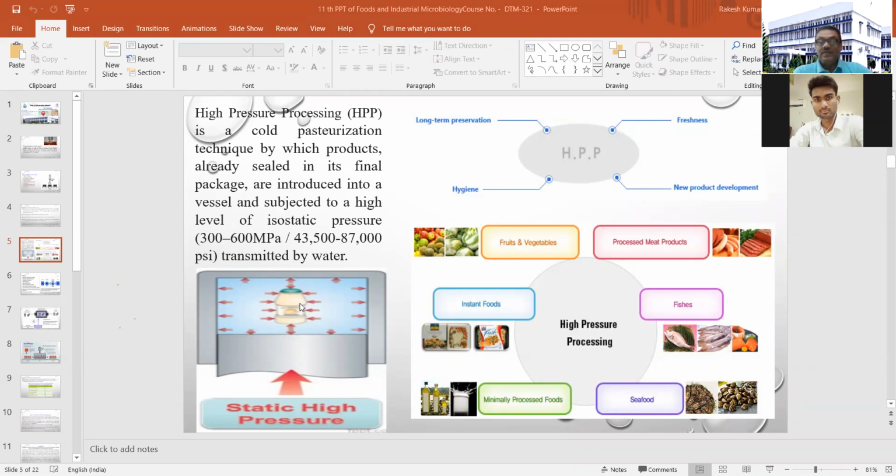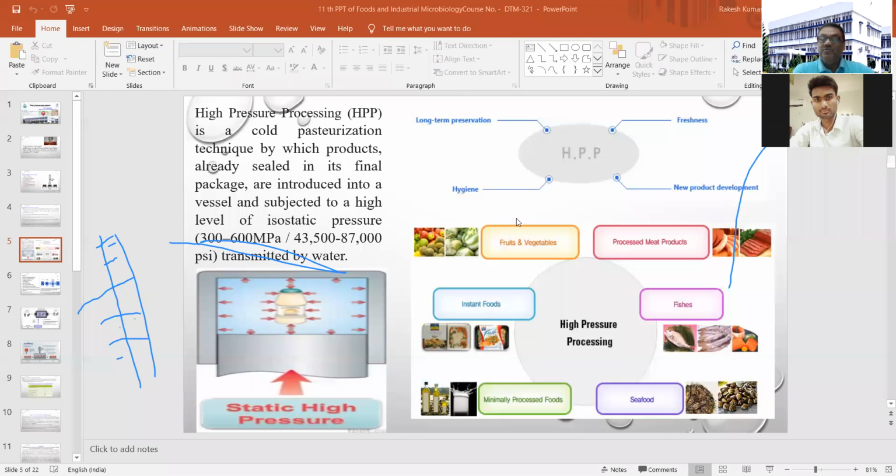So if you want long-term preservation, you want freshness in your product, or if you have developed a newer kind of food formulation and want a very good hygienic condition maintained throughout production and after the manufacturing process, if you want a very good hygienic quality of product, automatically you have to select this particular processing treatment.